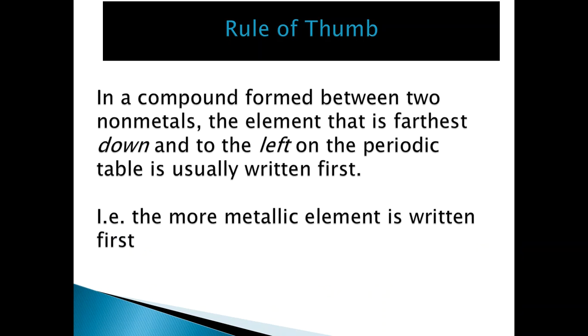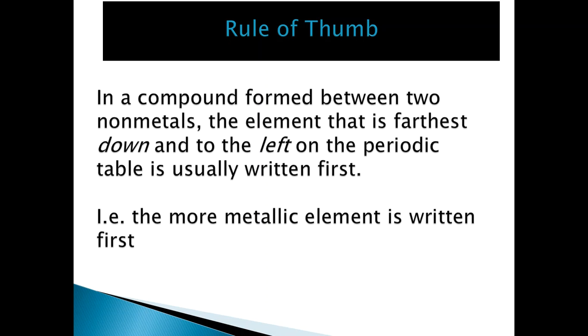Now, in such a compound, the rule of thumb is that when we're naming binary molecular compounds, the element that is farthest down and to the left of the periodic table is the one that is usually written first. In other words, we're talking about the element that is more metallic in nature, all right?